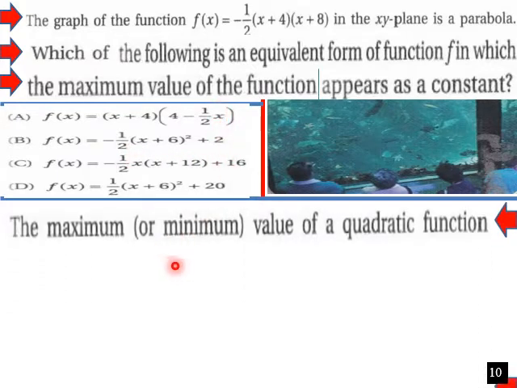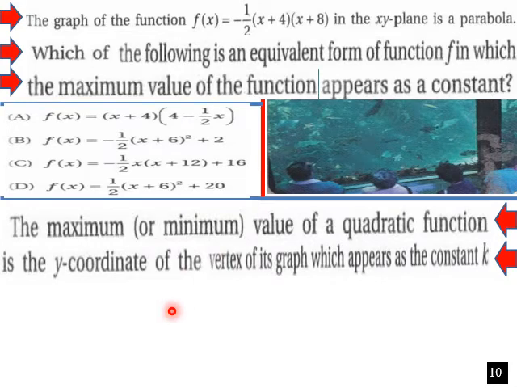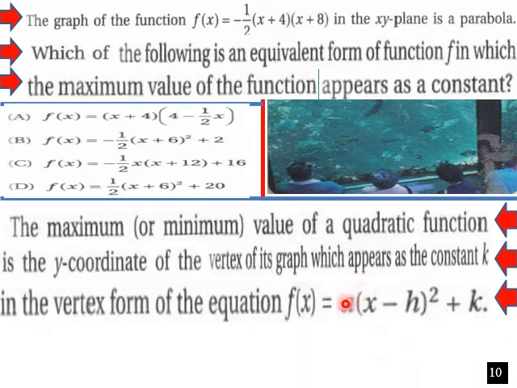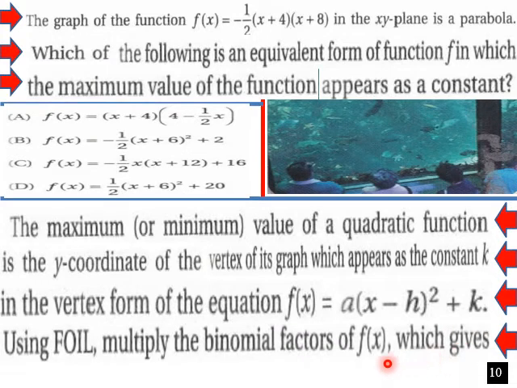Well, the max or min value of a quadratic function is the y-coordinate of the vertex of its graph, which appears as a constant k. So in the vertex form of the equation, a times x minus h squared plus k, where k is the maximum or minimum we're looking for.